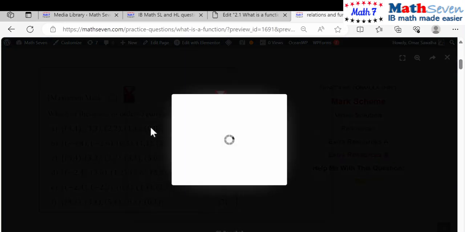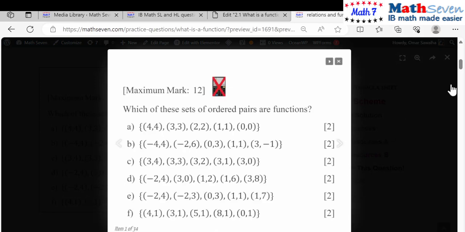So if you take a look at part A first, which of these sets of ordered pairs are functions? Okay, احنا عشان to define a function for every input there should be an output.